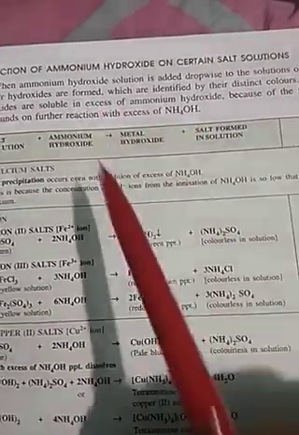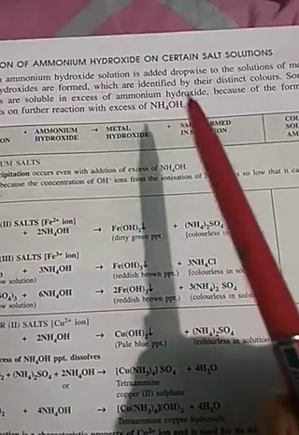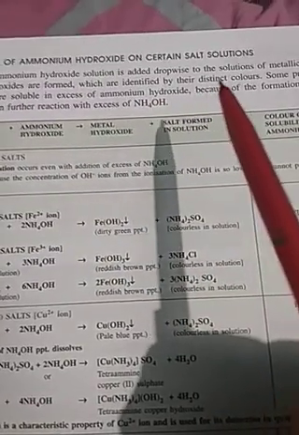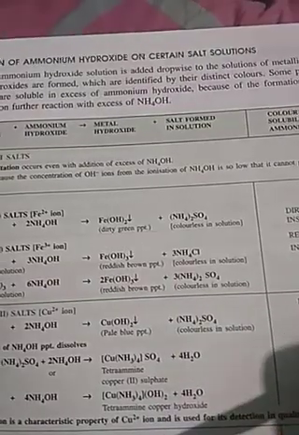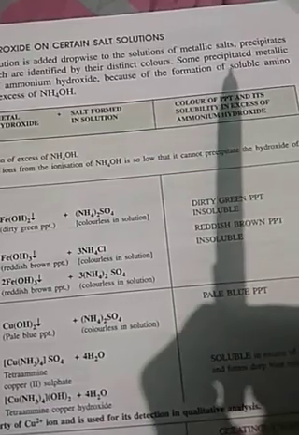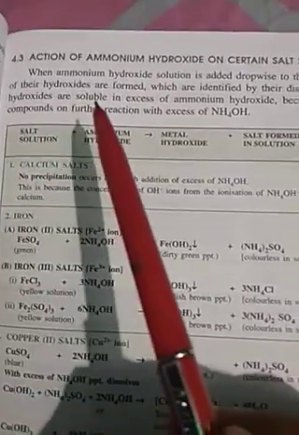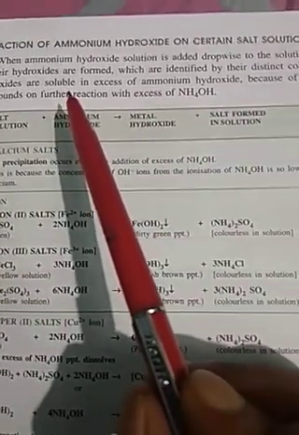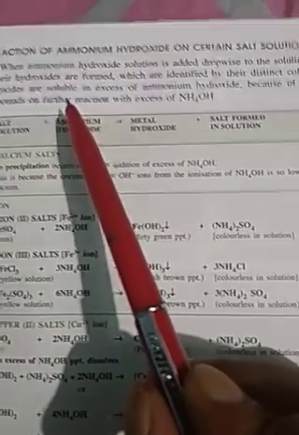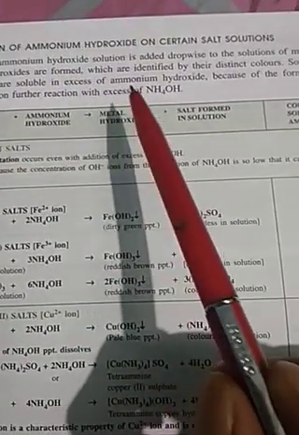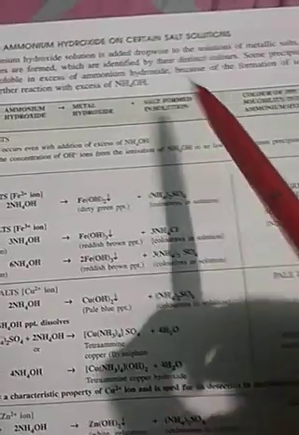Some precipitates are formed which are identified by their distinct, specific colors. What are the colors of the hydroxides? Just like sodium hydroxide, some metallic hydroxides are soluble, some are sparingly soluble, and some are totally insoluble even in excess of ammonium hydroxide.